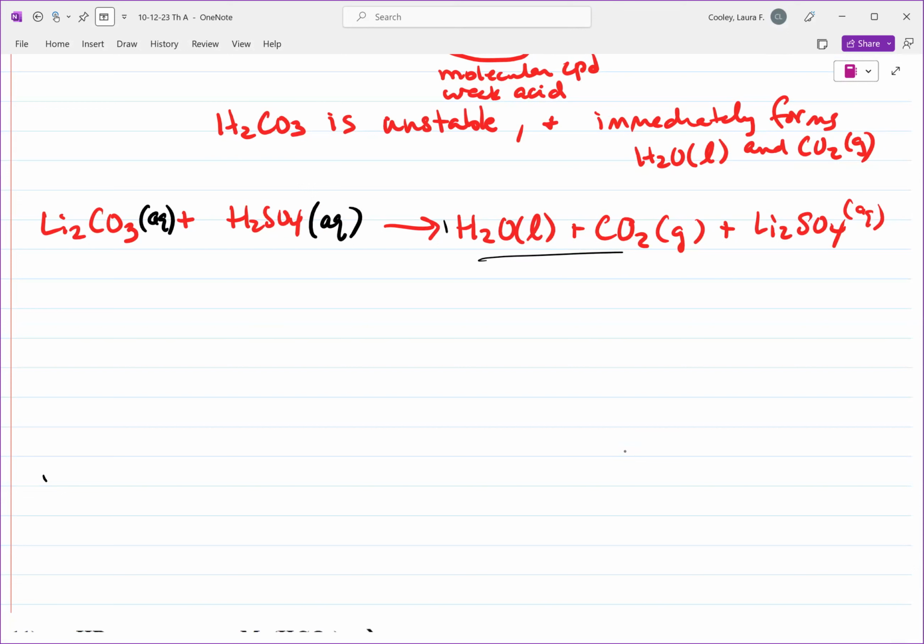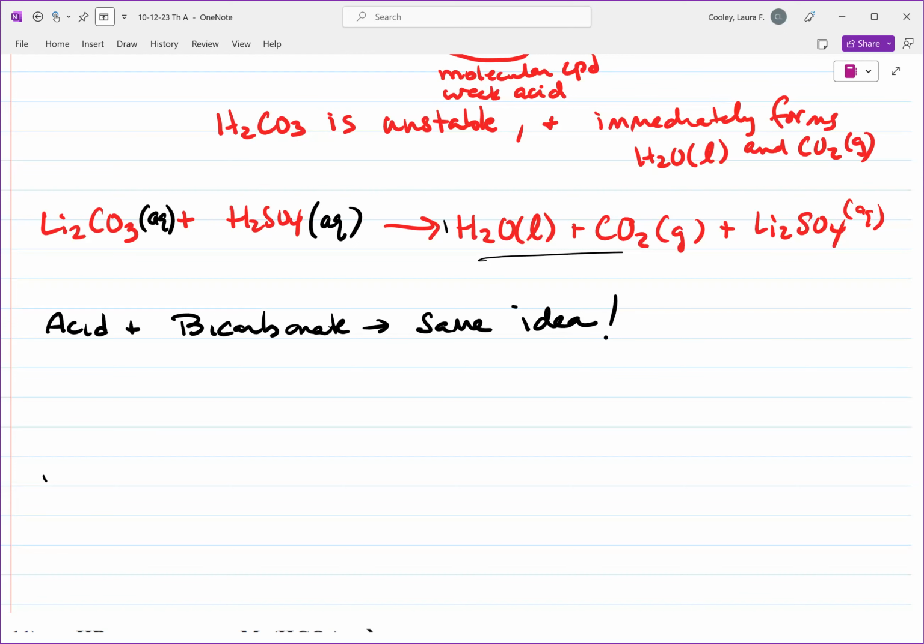So let me show you an example of acid plus bicarbonate. It's the same idea. You get carbonic acid, and then the other ions combine to give you a salt.